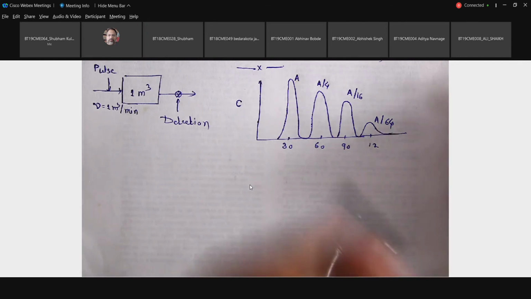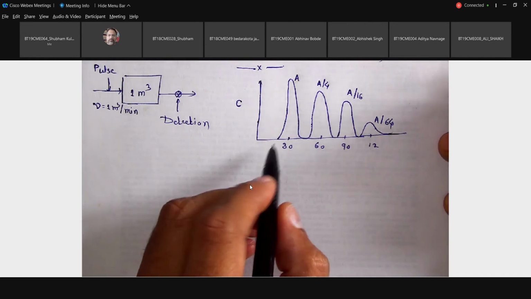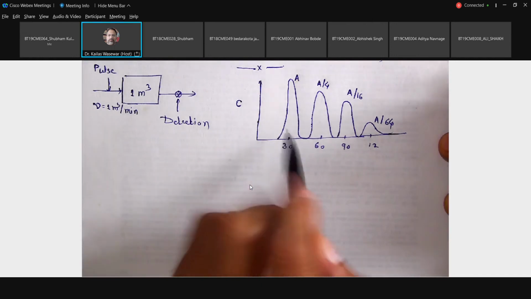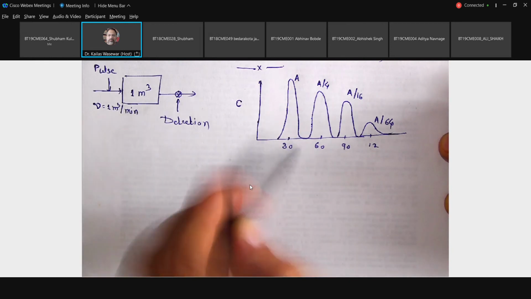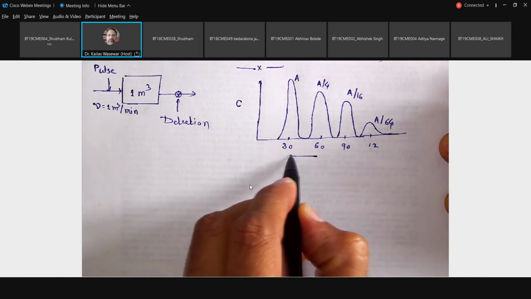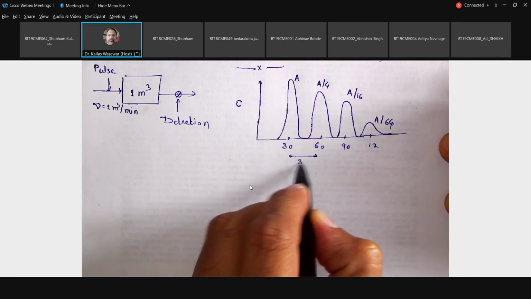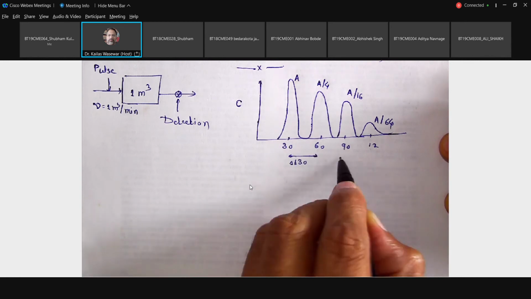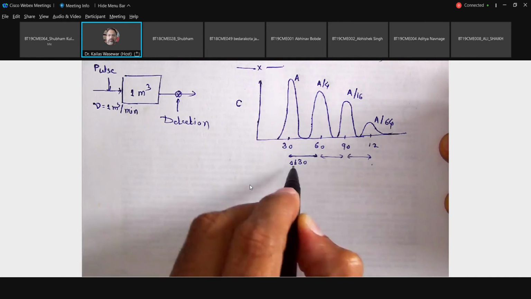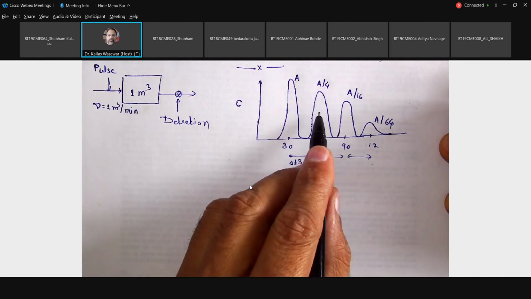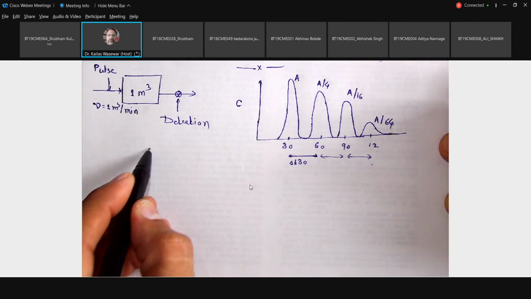Now from this, you can see definitely there is a plug flow reactor. Flow is plug, but after a certain time interval, delta T is around 30 minutes, the same for all of these. That means after 30 minutes, again there is a peak. That means there is a plug flow reactor.